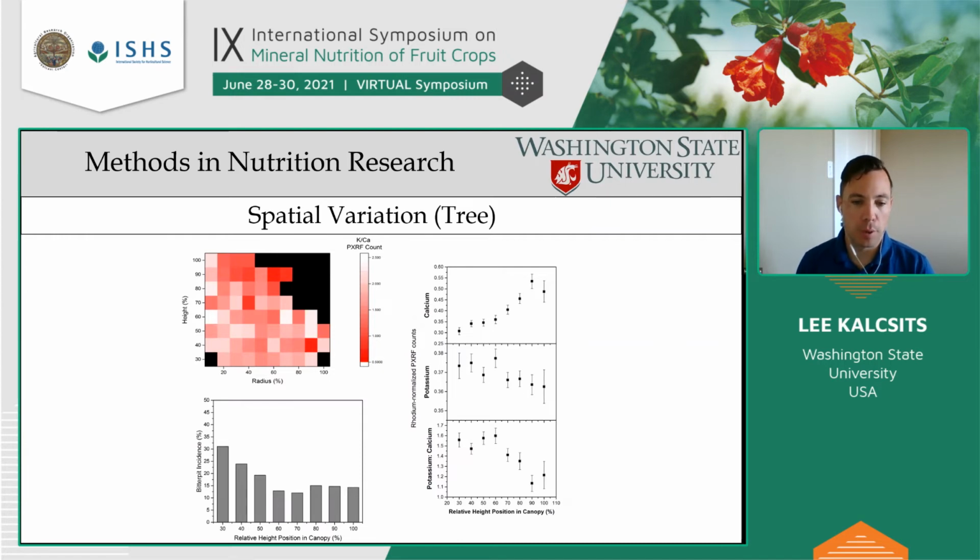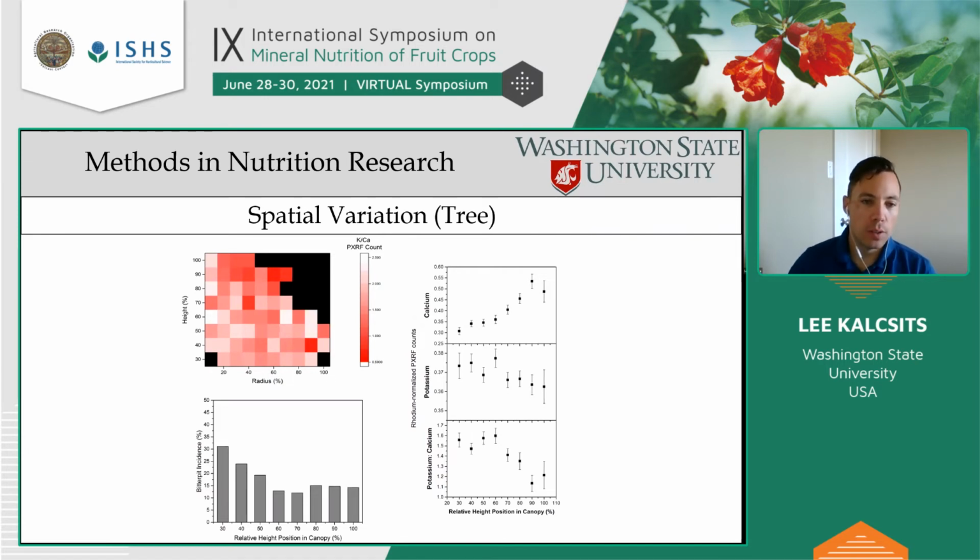So in this experiment, we measured about 1,300 fruit across 9 orchards, and we mapped the distribution of those fruit within the tree. We're able to assign a height in the canopy or a relative distance from the trunk.